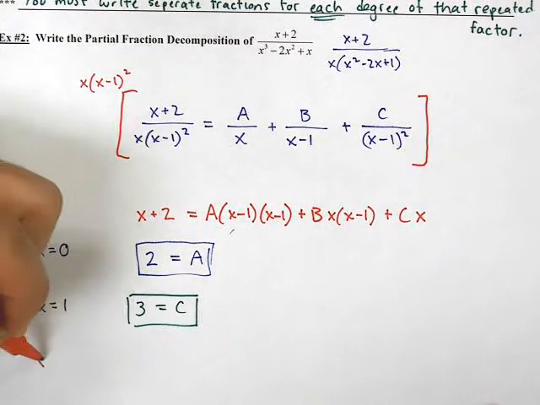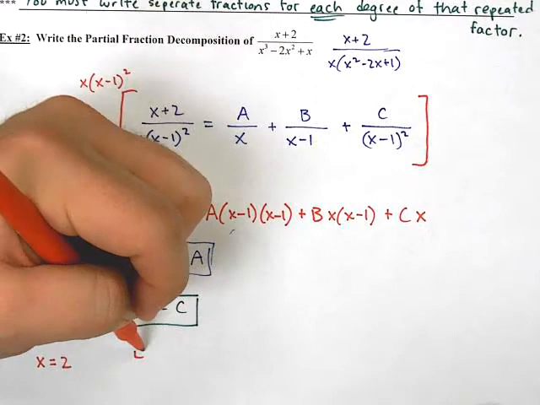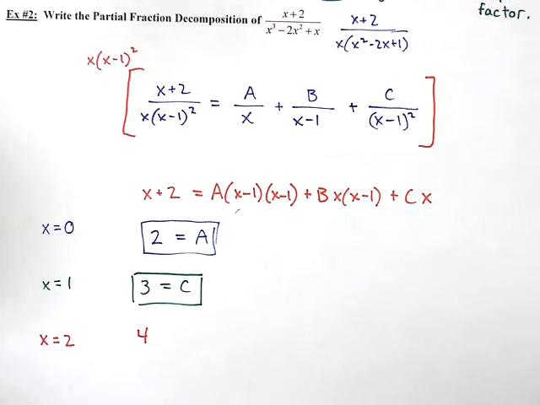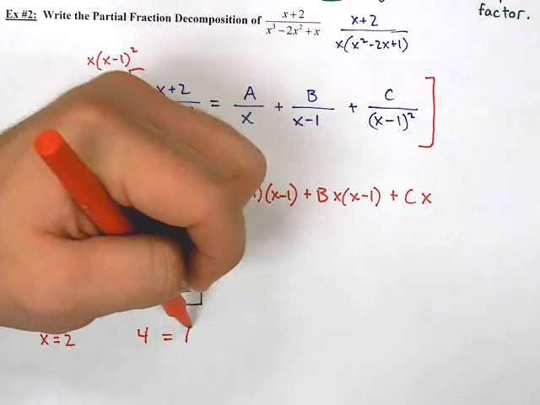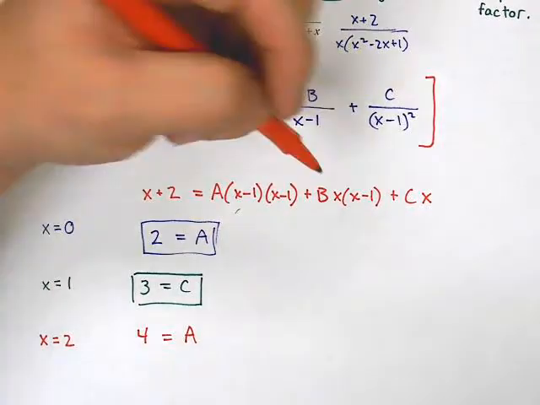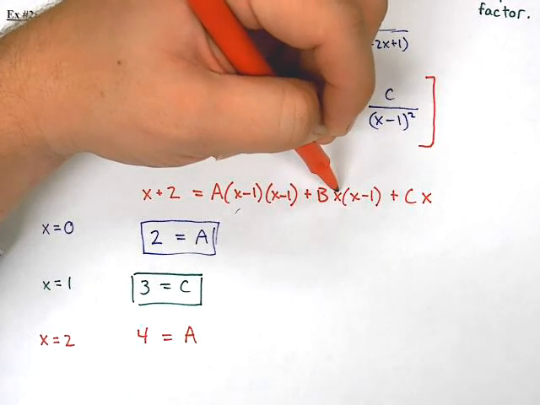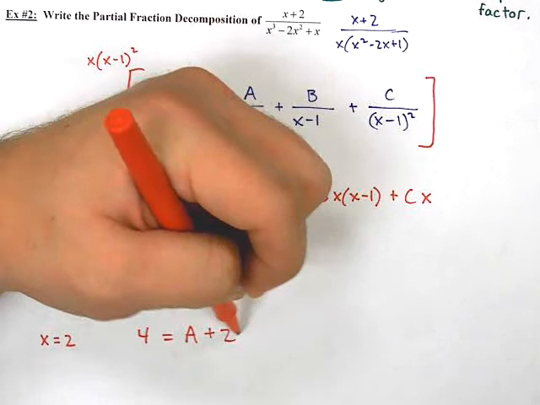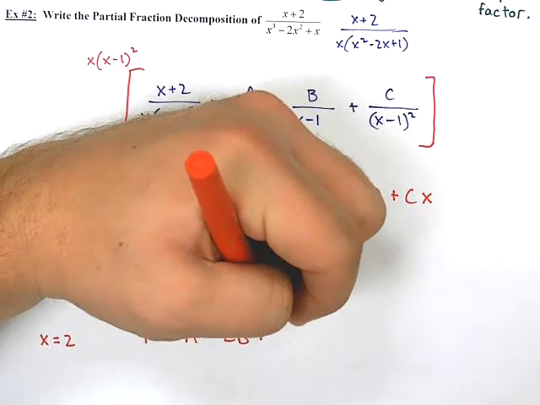So if I set x equal to 2, let's see what happens. 2 plus 2 is 4. And what did we say? 2 minus 1 is 1, so 1 times 1. So this is just a. If I plug in 2 here, I get a 1 times 2 is 2, so 2b. And again, I plugged in 2, so this is plus 2c.